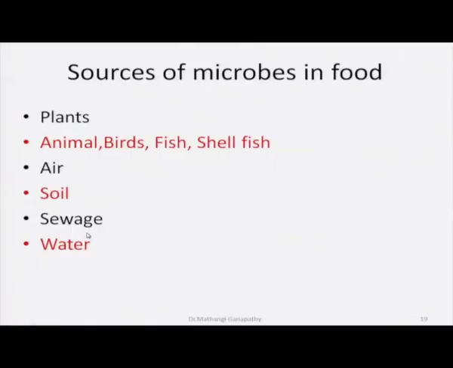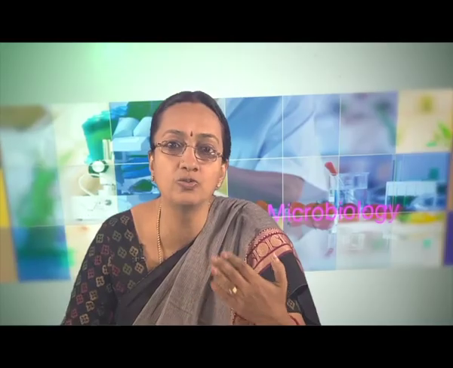The microbes will be associated with the food because of that. These two are associated, sewage and water, they can become mixed. So the quality of water which is used for processing as well as for cleaning becomes very important as a source of microbes in the food.